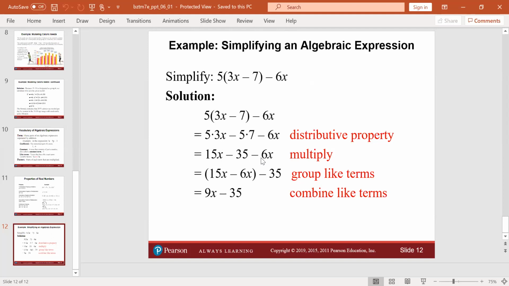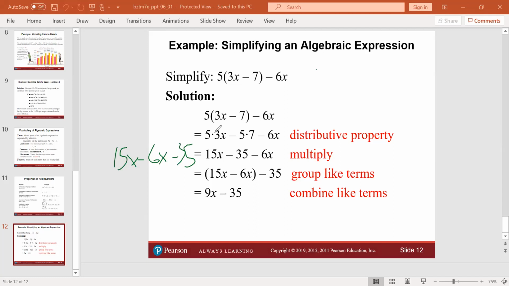Yeah, and according to the commutative property, even though they're not next to each other, if I really wanted to, I could reorder them so that they are next to each other. I could say that's 15x minus 6x minus 35. It's the same thing. All I did was move around the order in which I added or subtracted.